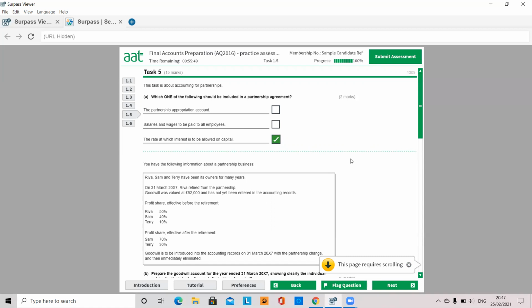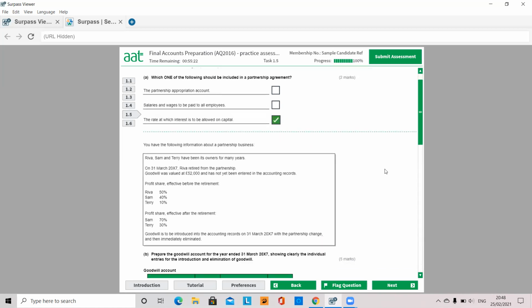Not the salaries and wages, because that comes out of whatever profits have been made, but certainly the rate at which the interest is allowed on the capital. Okay, so what rate of interest will be allowed on the capital that they put in? So what return will they get on the capital they put in? So therefore the partnership agreement will do that. Those other two particularly are to do with how we allocate the profits. Yeah, so this one is the most important.